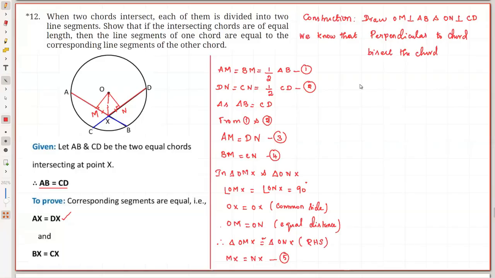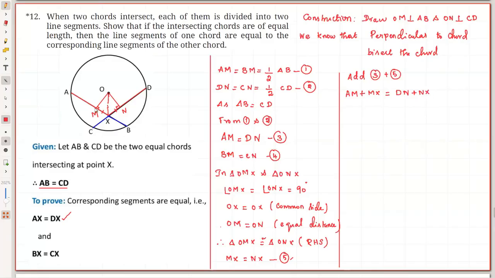Let me go with the first proof. That means I have to add equations number 3 and 5. So add 3 and 5. What will I get? AM plus MX should be equal to DN plus NX.